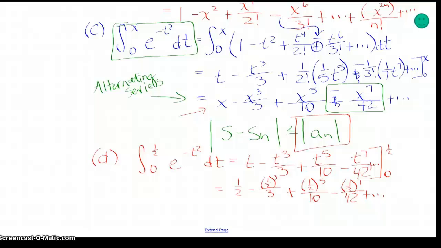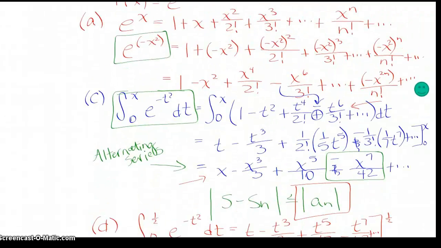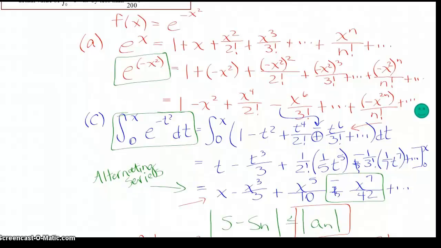So we're going to come back up here and pick up the next term in the series. The next term here would be x to the 4th over 4 factorial. Let me get myself some space here.